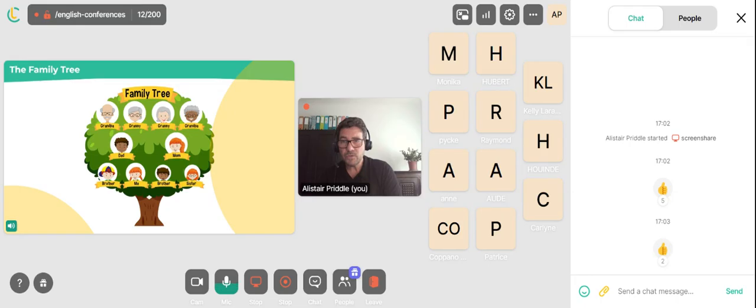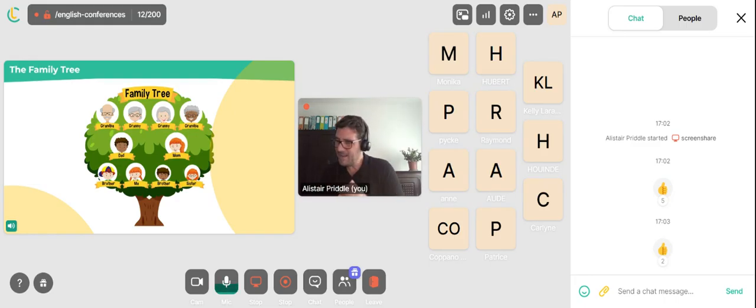So I have 2 brothers and 1 sister, a mum and dad, and 2 sets of grandparents, 2 grandpas and 2 grandmas, grannies. So this is a close family tree for immediate family.